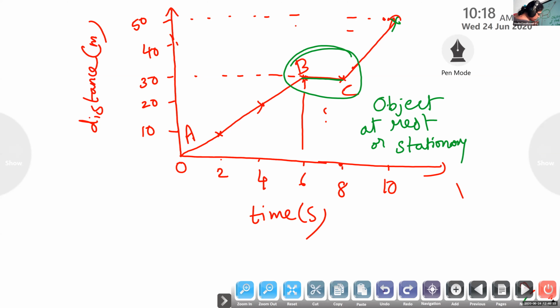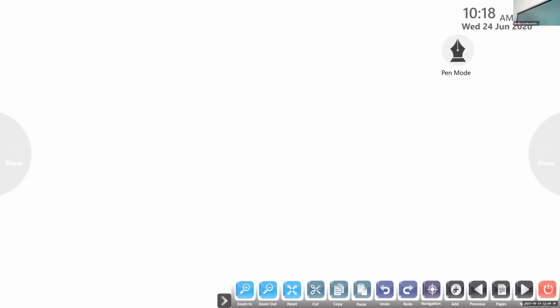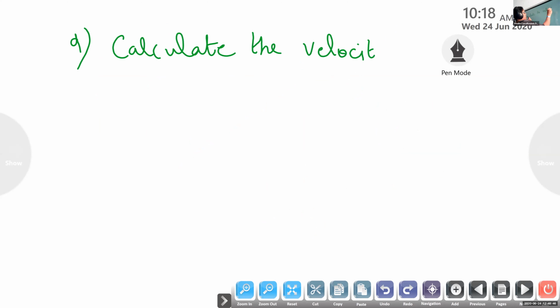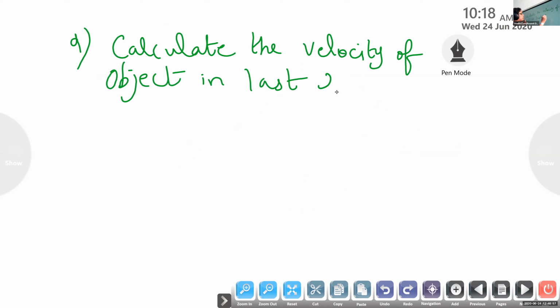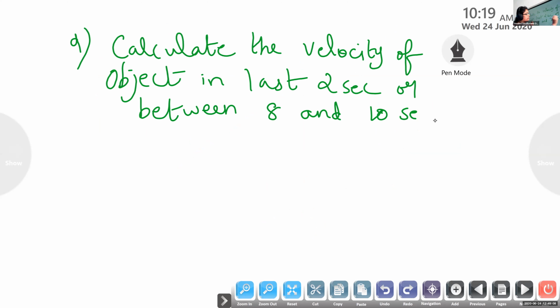Now you can write one more question under this. Write down, question number D. Calculate the velocity of the object in the last 2 seconds, or between 8 and 10 seconds.